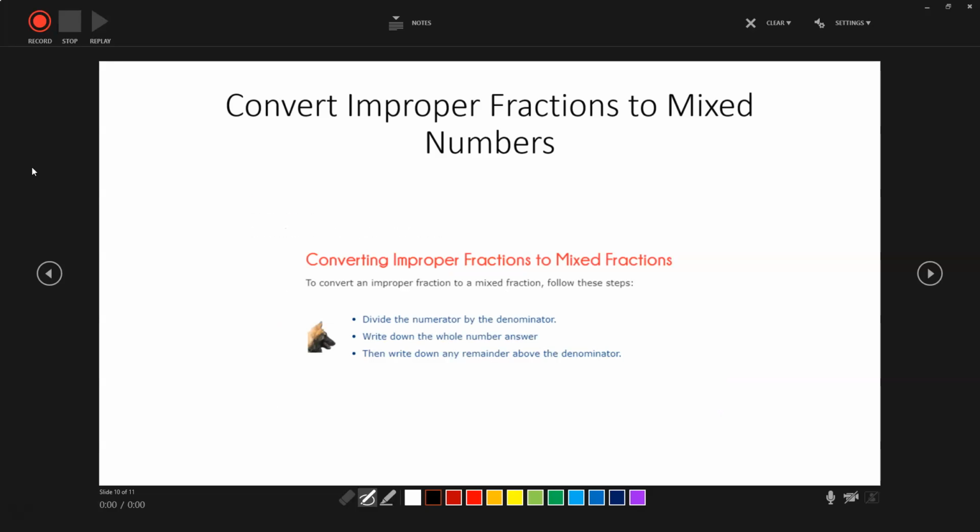Now the simplest way to do this is you take the numerator, the top number, divided by the bottom number, and then you write down the whole, and then any leftovers, the remainder, you write as the numerator on top of the denominator.